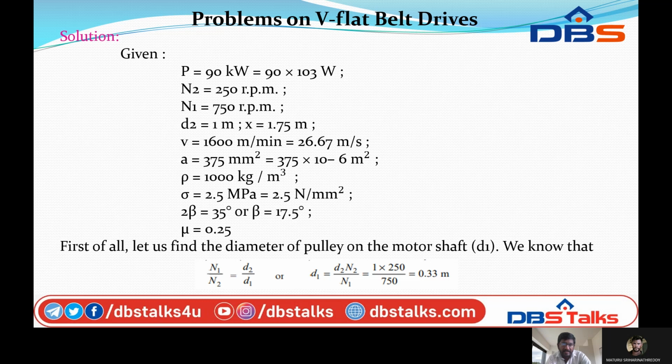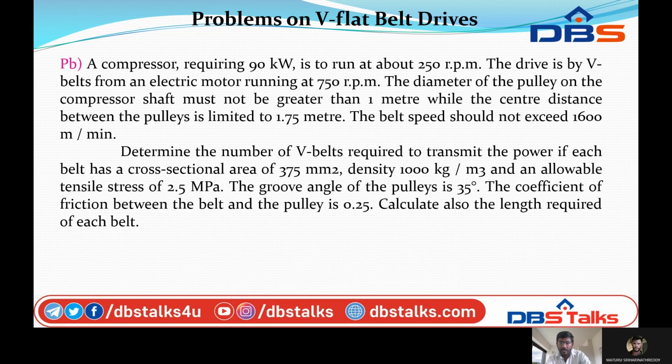Next, cross sectional area 375 mm square, that is equal to 375 into 10 power minus 6, converted to meters. Density rho is equal to 1000 kg per meter cube. Next, sigma is equal to 2.5 MPa. Sigma means allowable tensile stress.